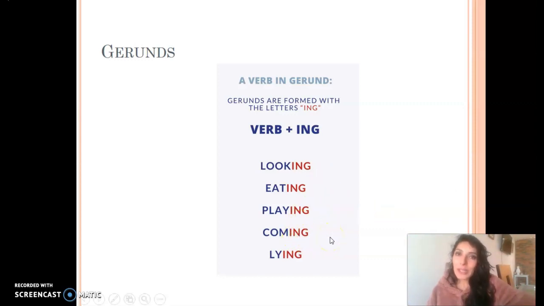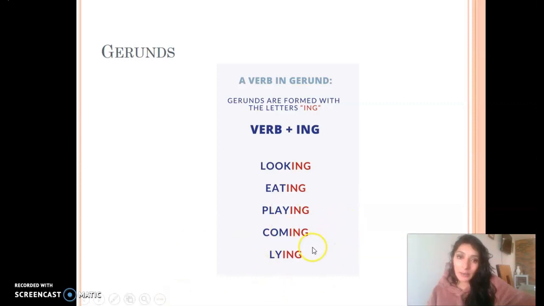As you know, the base form of the verb come is c-o-m-e, but we don't see here the letter e. We just see coming. So in these special cases, we have to erase the last letter of the verb and add ing.